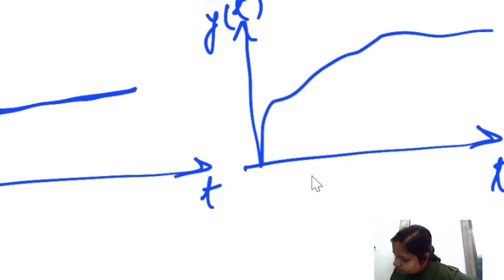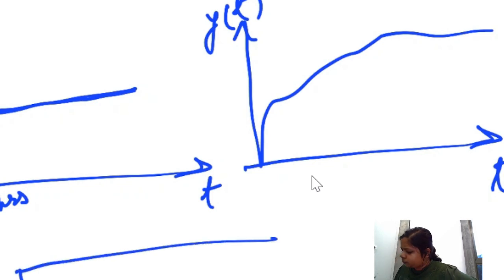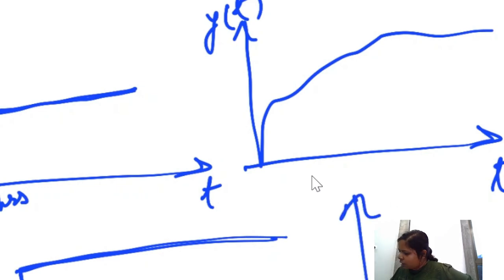Okay, and this happens at t equal to some t1 seconds. Now when you do this experiment again after 2 or 3 hours, so t1 plus 2 hours, your input is this and your output is also this at t1 plus 2, the same output.